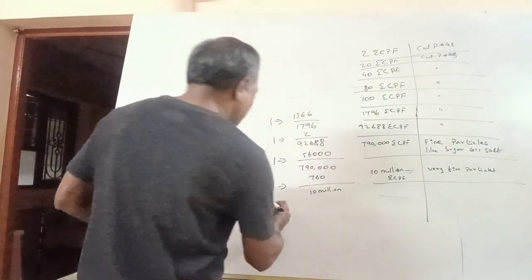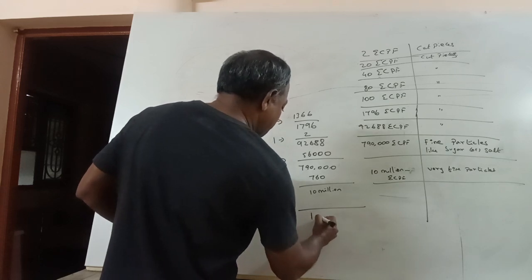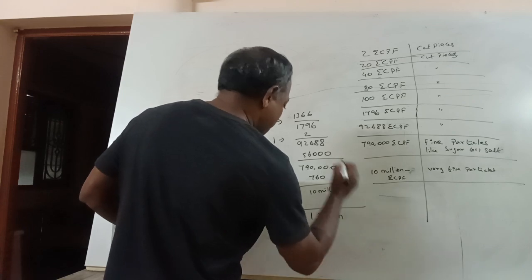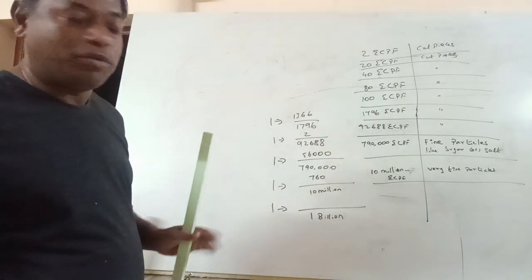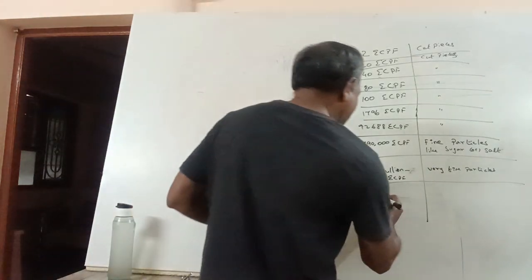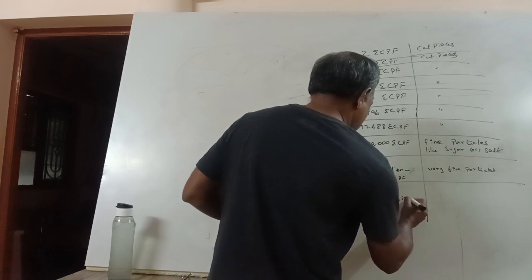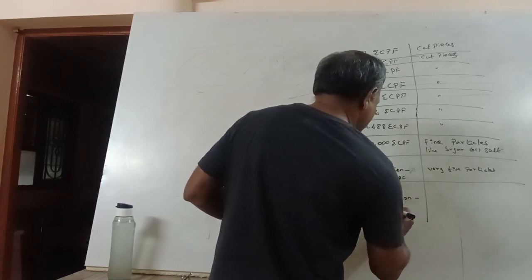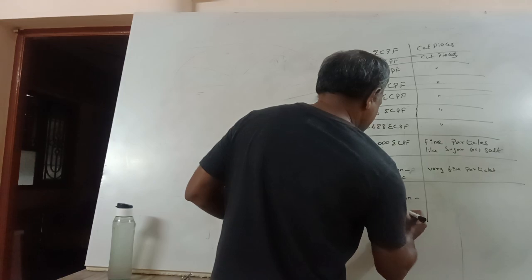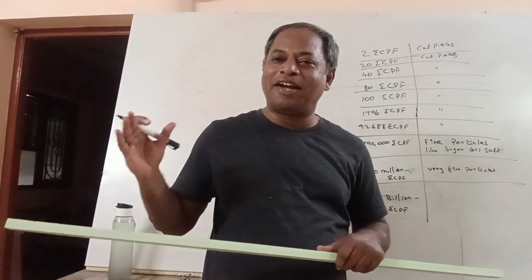Okay. Now you cut this one whole chocolate stick into 1 billion times. One billion equal cut pieces.